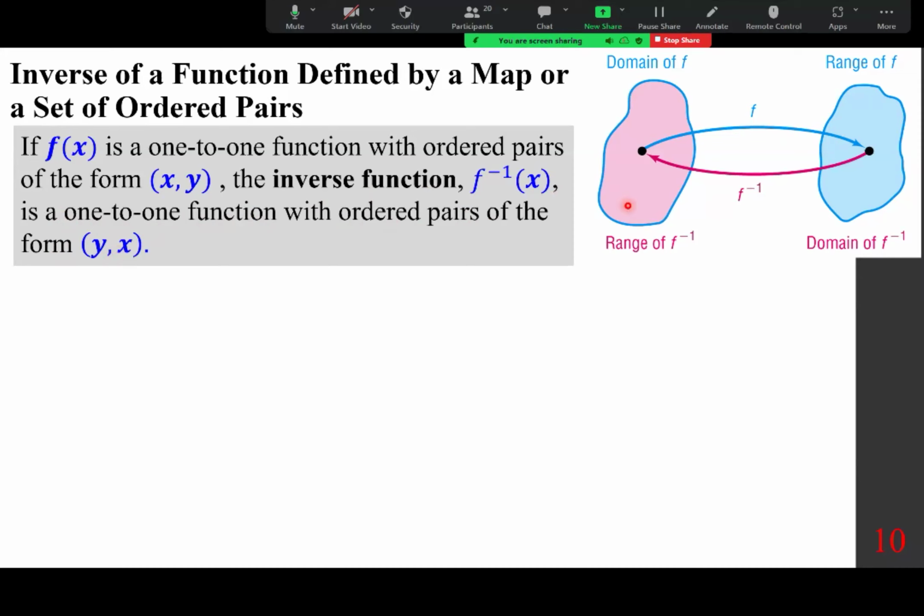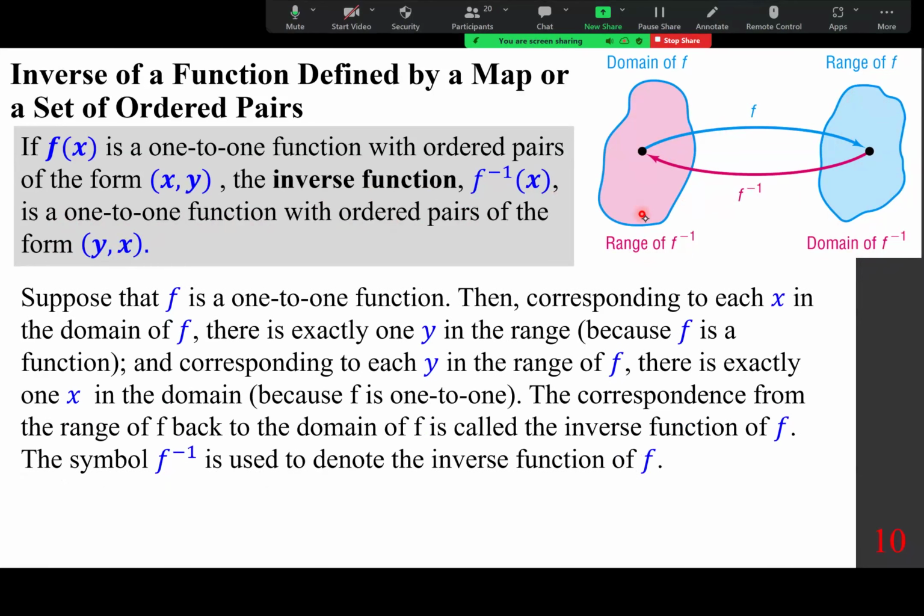So here's the domain of f, here's the range of f, and f maps the domain to its range, and coming back, this would be the domain of f. The range of f coming back would be the domain of f inverse. The range of f inverse is this one. And in short, x and y interchange.